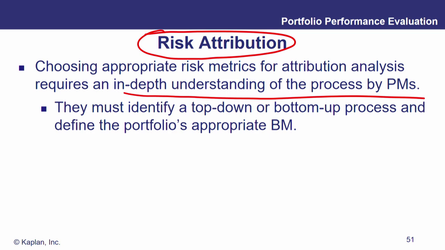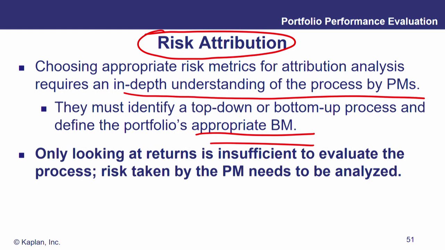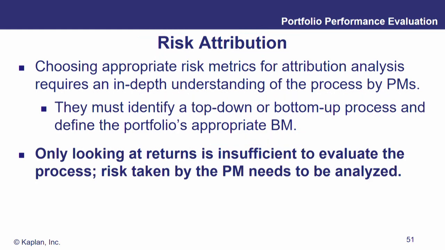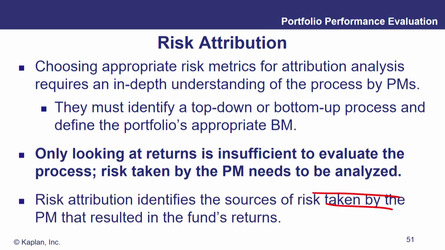So you're going to have to identify, is it top down or bottom up, and what is the appropriate benchmark. Okay, and again, if you just look at returns, it is insufficient to evaluate the process. Risk taken by the portfolio manager to earn those returns, it needs to be analyzed.